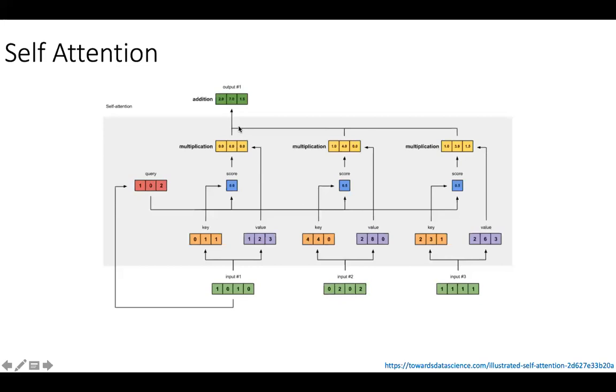The context vector will be the addition of all of these. So for the first decoder stage, the importance of the first input is 2.0, the importance of the second is 7.0, and the importance of the third input is 1.5. That's how the attention weights are calculated in self attention.